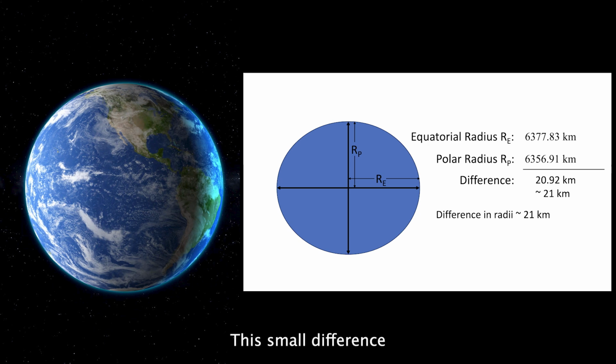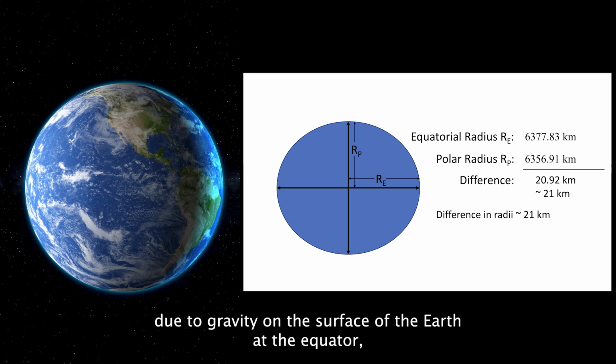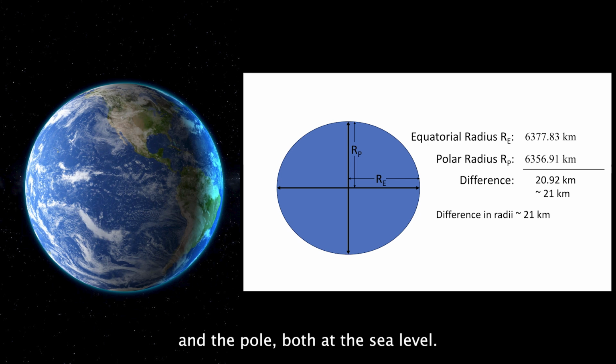This small difference causes a small difference between the values of acceleration due to gravity on the surface of the Earth at the equator and the pole, both at sea level.